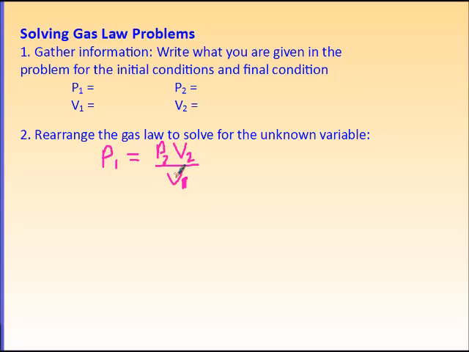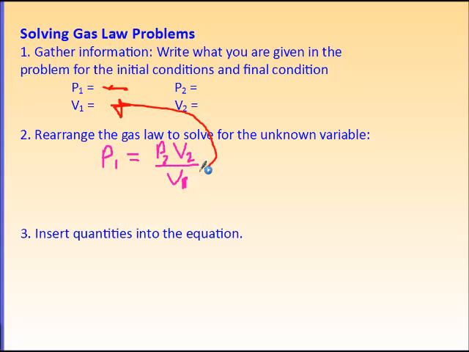Divide both sides by V1, and I get P1 is equal to P2 times V2 divided by V1. That's rearranging the gas law to solve for my unknown. The third step is just to insert the quantities into the equation. So whatever these quantities are right here, you're going to put them into the equation wherever they go.